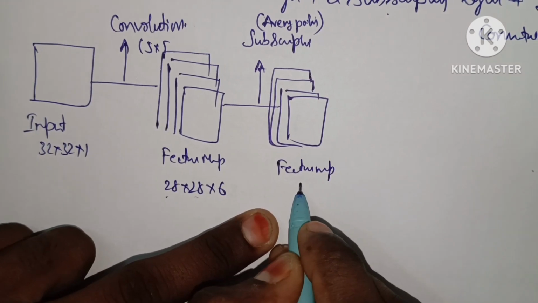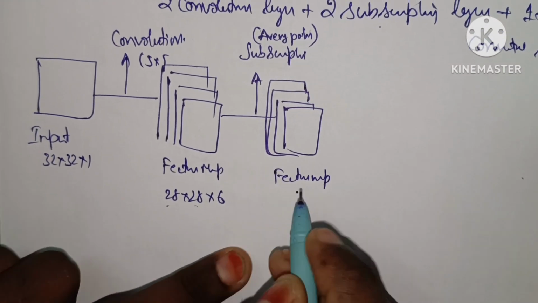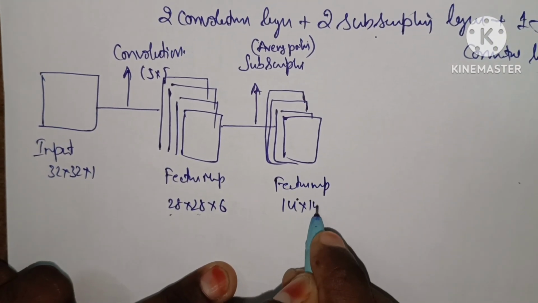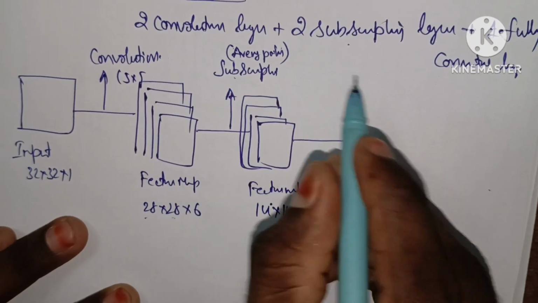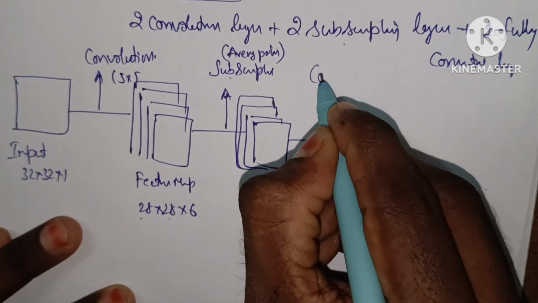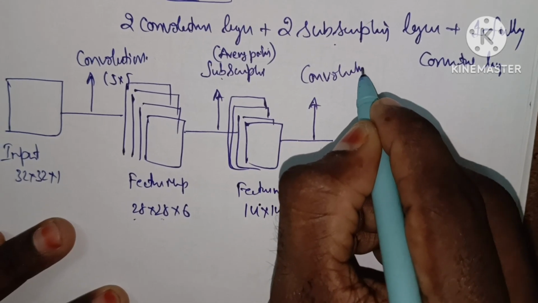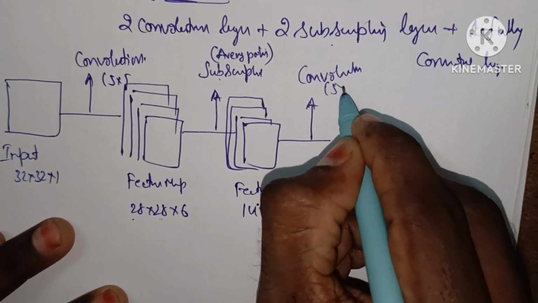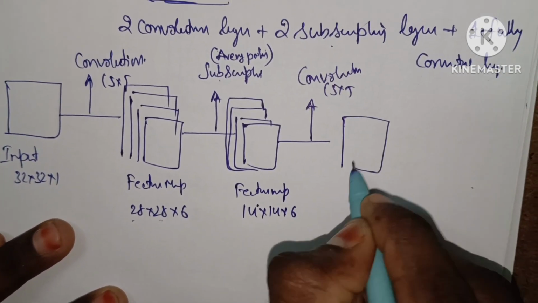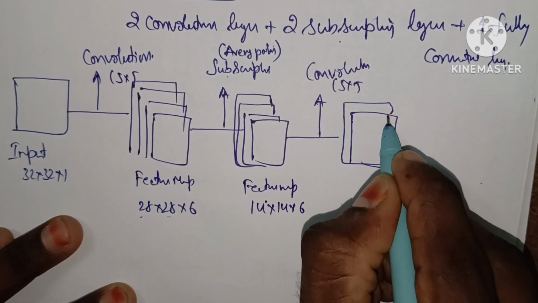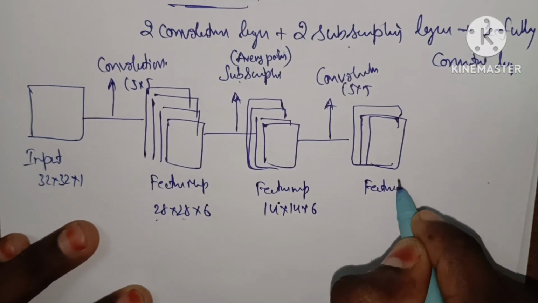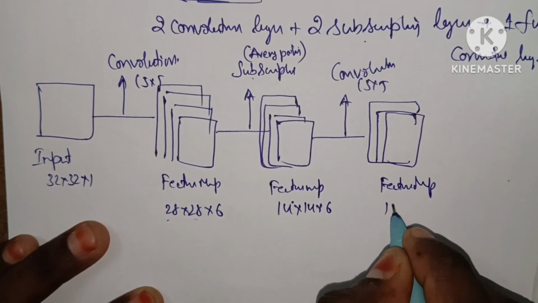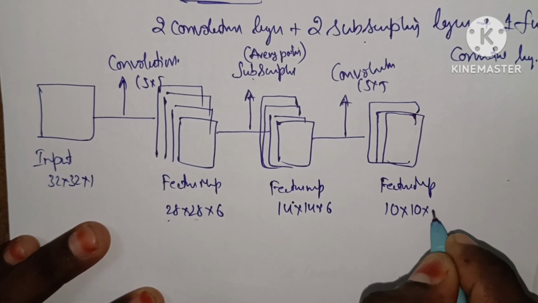The feature map size is 14 into 14 into 6. After subsampling we apply a convolution operation with a 5 by 5 filter. Again we get some output, called a feature map again. The size is 10 by 10 by 6.